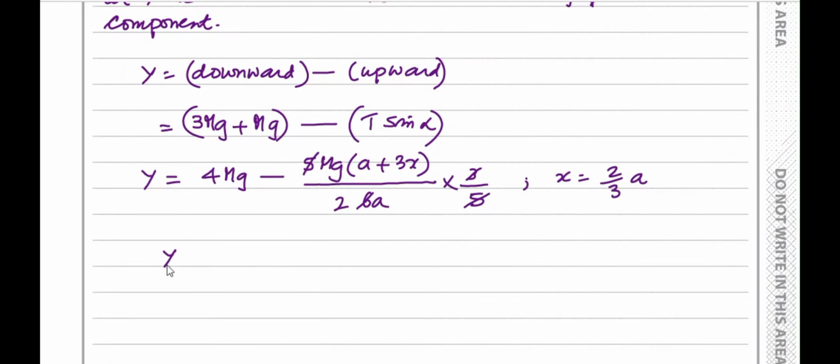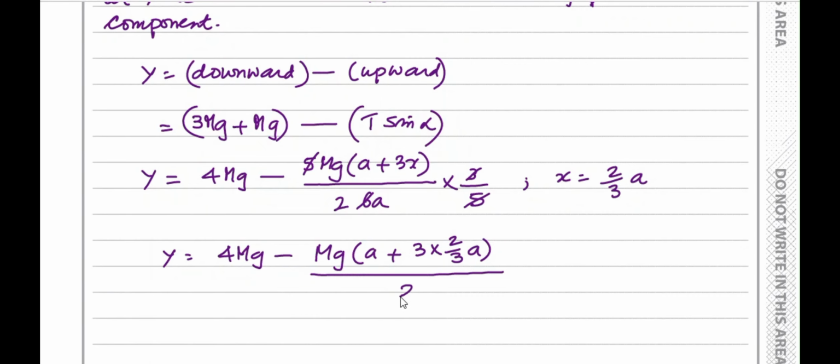So we will be writing y is equal to 4 mg minus mg(a + 3 times 2/3 a) all over, there is a 2a remaining over here.